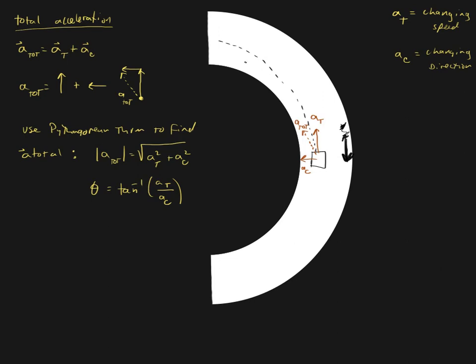And as you're going around the turn, you feel like you're getting thrown to the outside edge of the car. So if you're sitting right here inside the car, you feel like you're being pushed in that direction. Now, you're not actually being pushed in that direction, and the reason why is because of inertia.